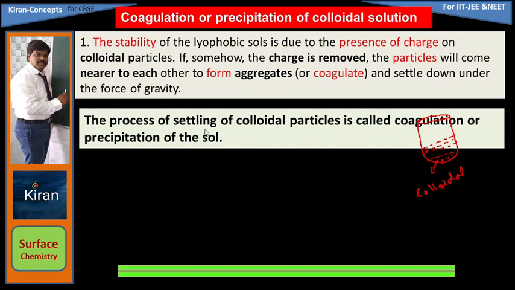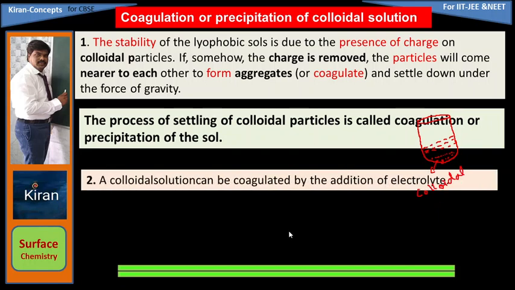The process of settling down at the bottom of the container is known as precipitation or coagulation. A colloidal solution can be coagulated by the addition of an electrolyte. So when you want to coagulate a colloidal solution, you add an electrolyte.